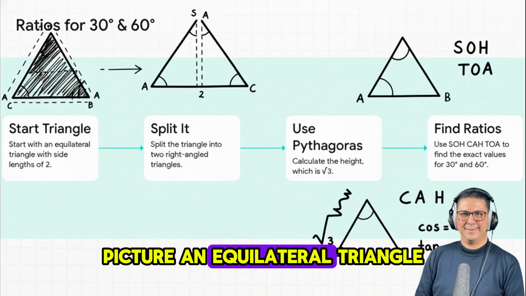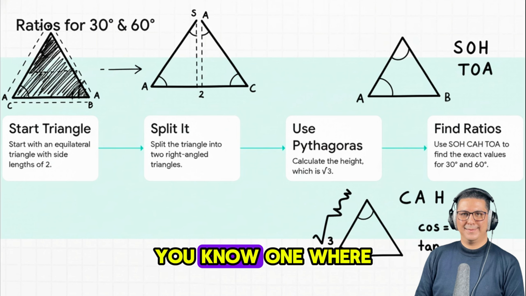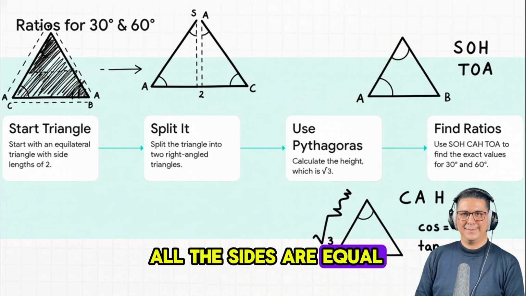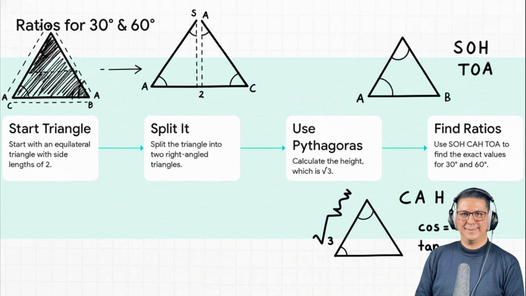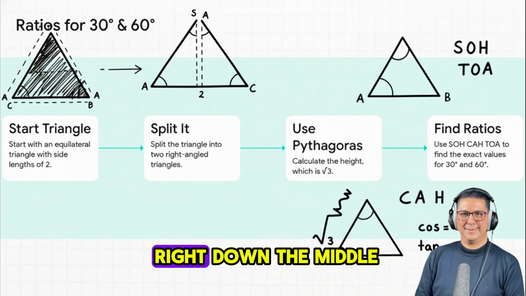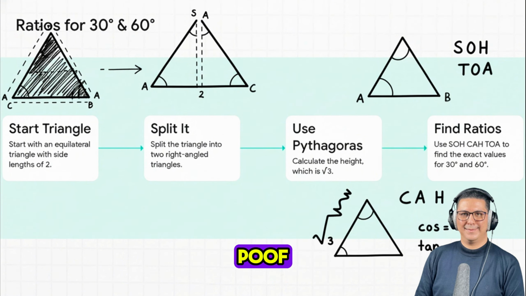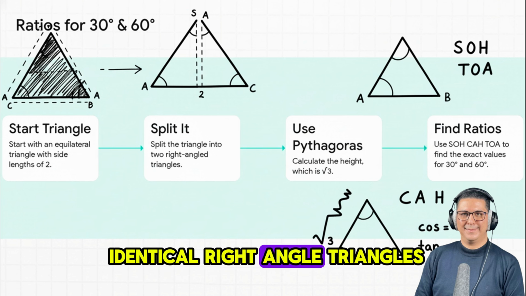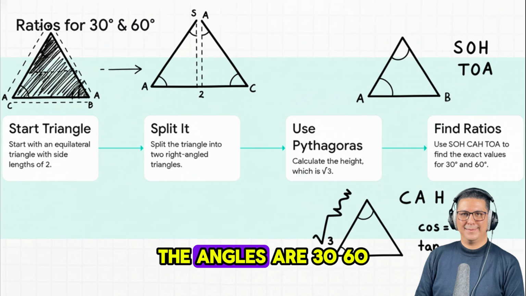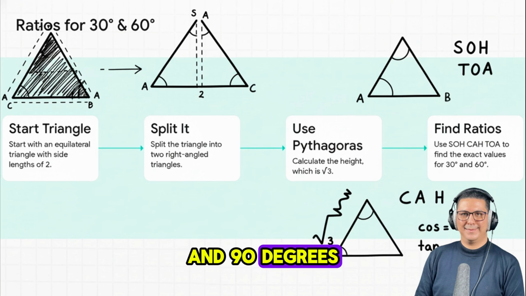Picture an equilateral triangle. You know, one where all the sides are equal. Let's say each side has a length of 2. Now let's slice it right down the middle. Poof! We now have 2 identical right-angled triangles. The angles are 30, 60, and 90 degrees.